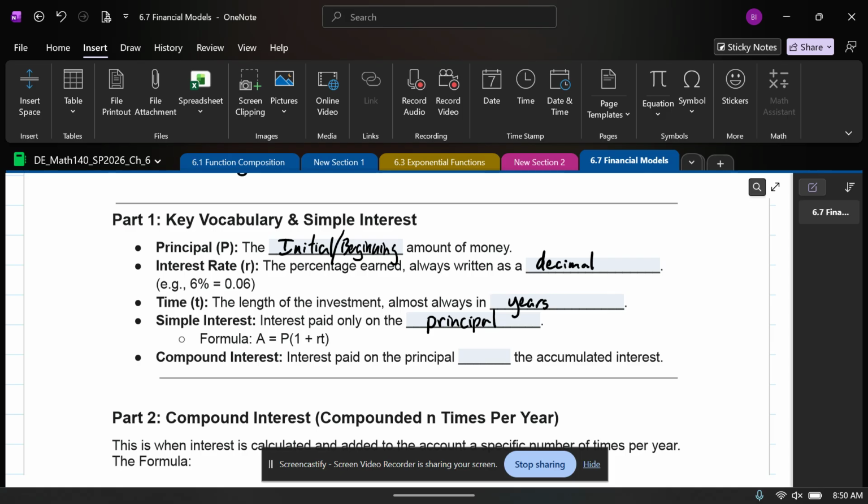Compound interest is when you pay interest on the principal plus the accumulated interest. Okay, so compound interest, that's how your savings accounts at any of the banks in town here, if you have a savings account, it's compound interest out of that. So that's the most common way a bank is going to do that. If you're dealing with a credit card, it's also compound interest.